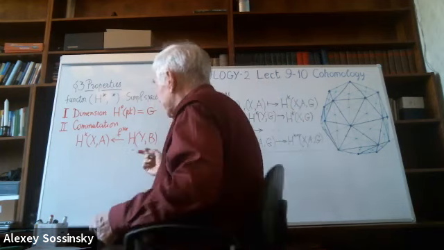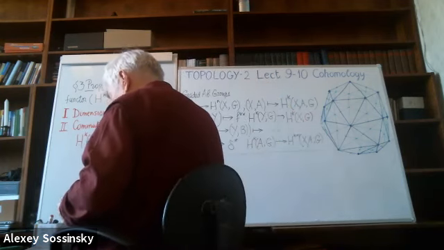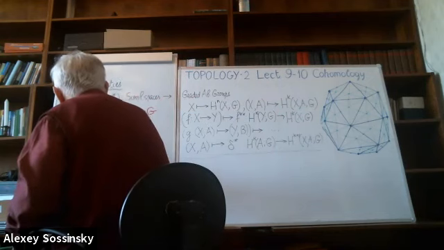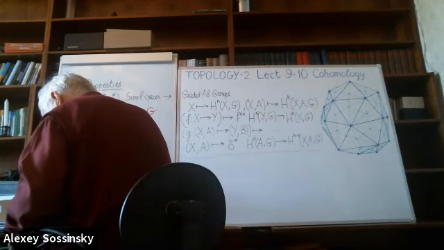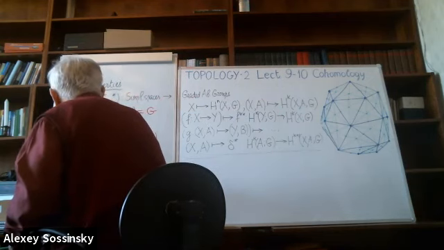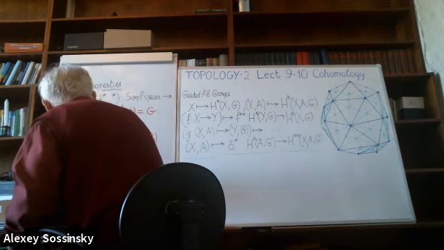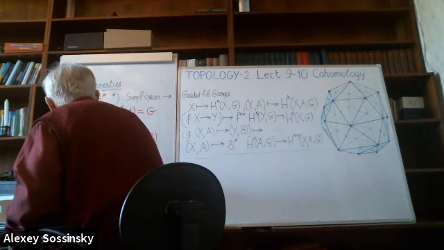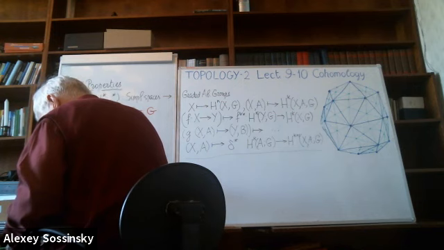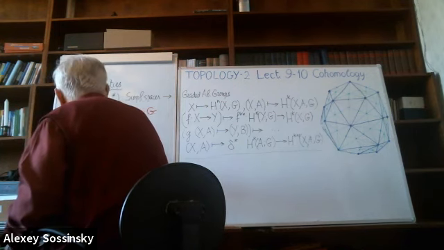Now we're interested in how it behaves with respect to the coboundary operator. H^k of A, H^(k+1) of (X, A). So here we have delta star.